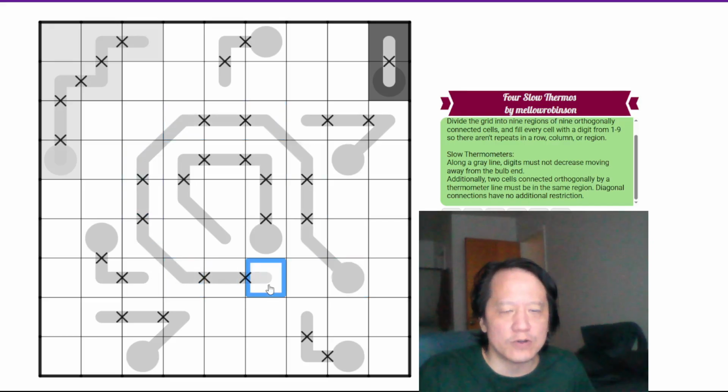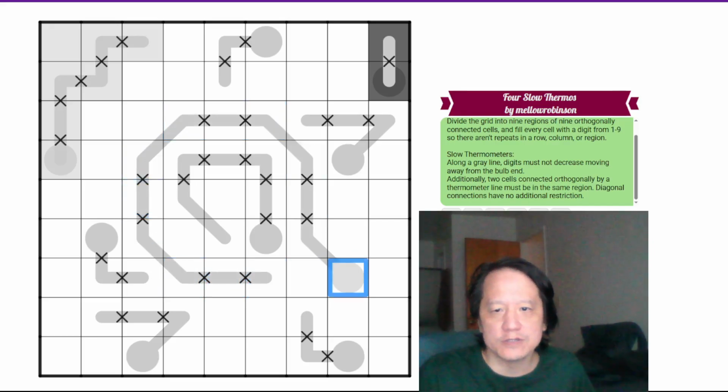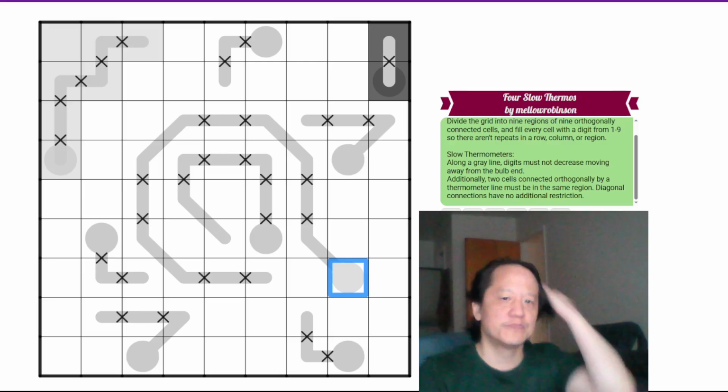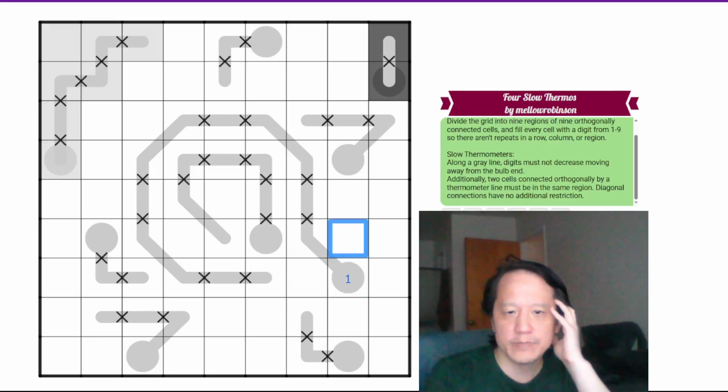Let's go, or longest thermometer. Let's go along this. What is the minimum for each set? This can be 1, because that's the smallest digit in a normal Sudoku. This could be 1, because they are not in the same row or column. This could be 2, because they have to be in the same column. This has to be 3, because they have to be in the same column.